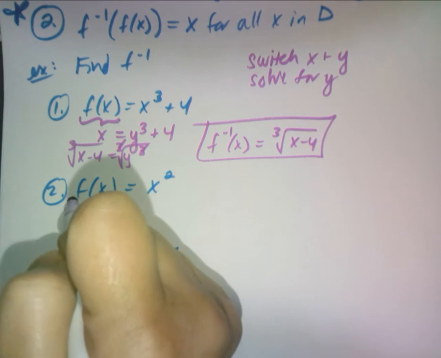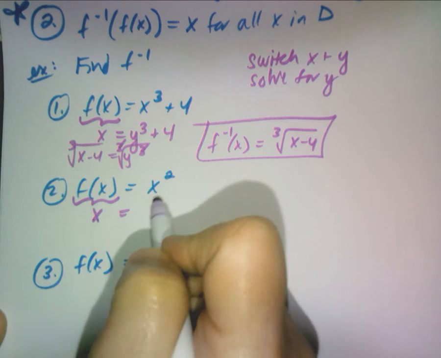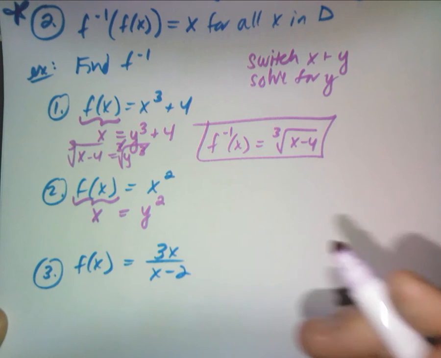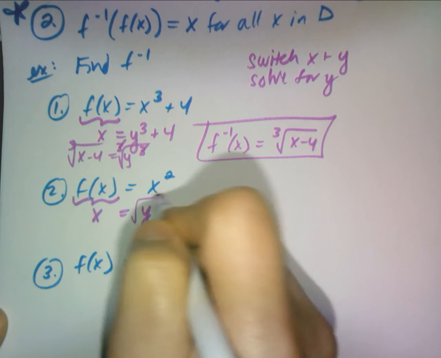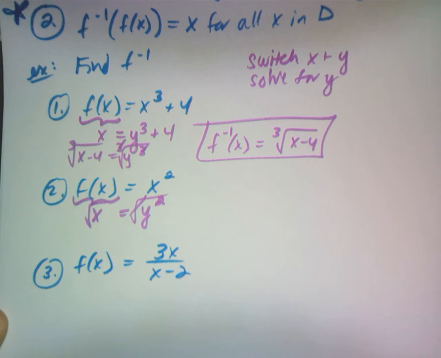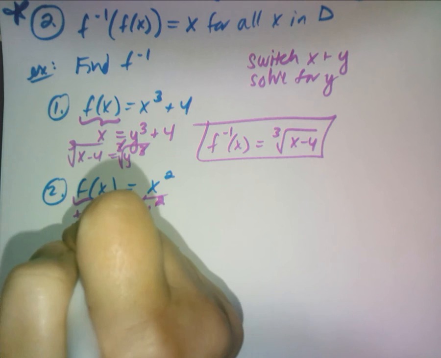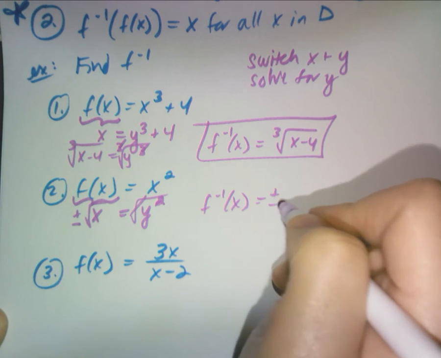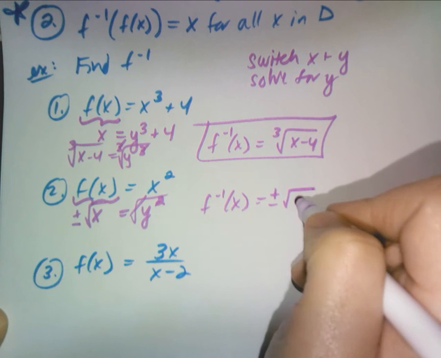You call this x, you call this y, and then you solve it for y. So to undo a squared, you take a square root. What should you remember when you take a square root or a fourth root? Plus or minus. So again, to write it fancy, plus or minus square root of x.